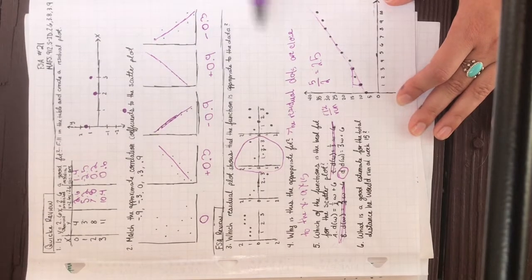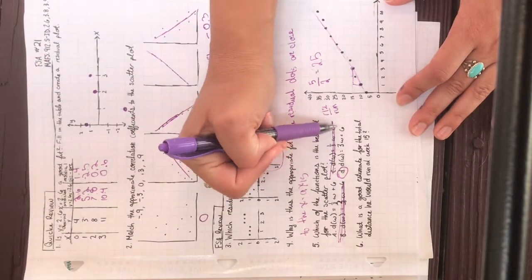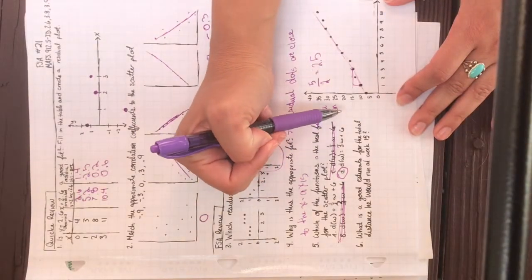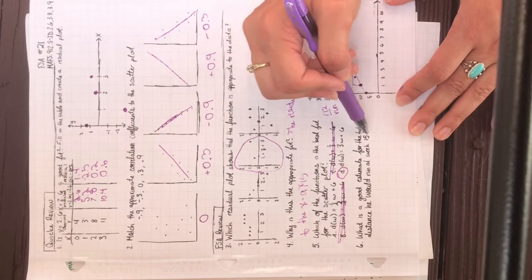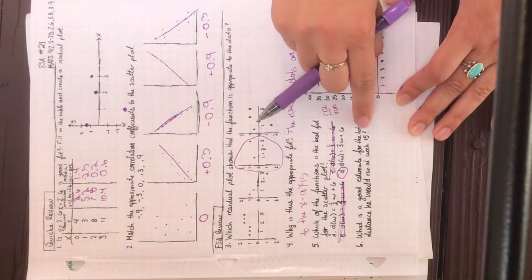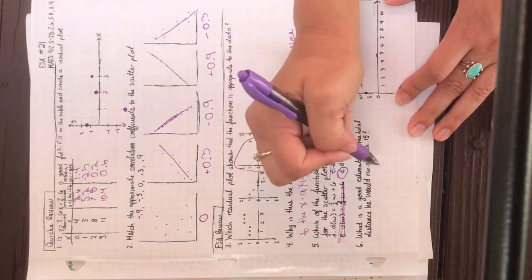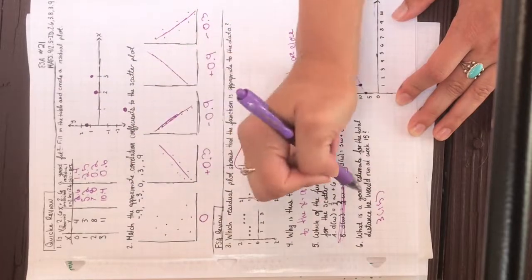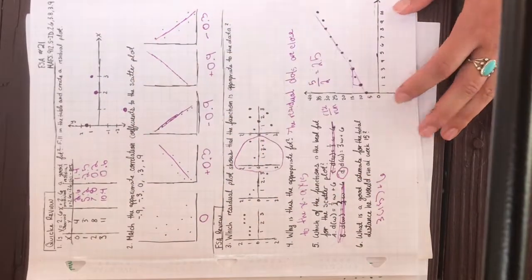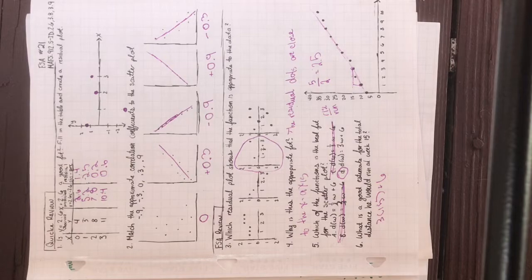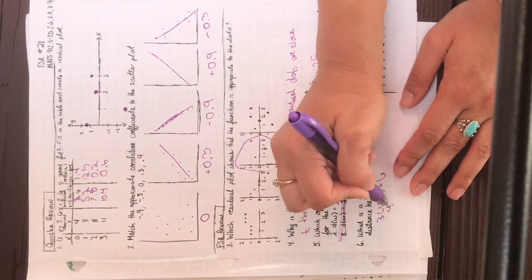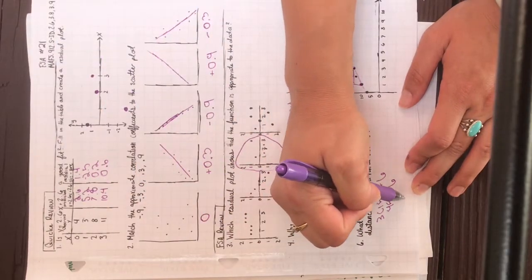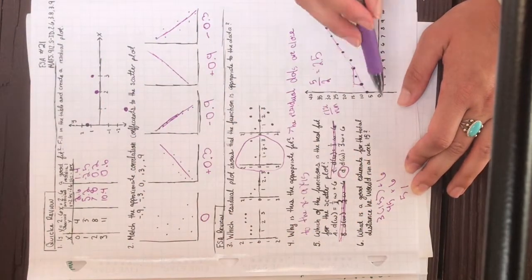Now what is a good estimate for the total distance he would run at week 15? What we're going to do is plug it into this equation, D of W equals 3W plus 6. If our W is our week, and we're talking about week 15, we're going to plug in 15 for W. So 3 times 15 is 45, plus 6, which is 51.